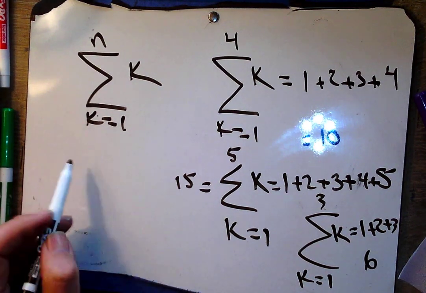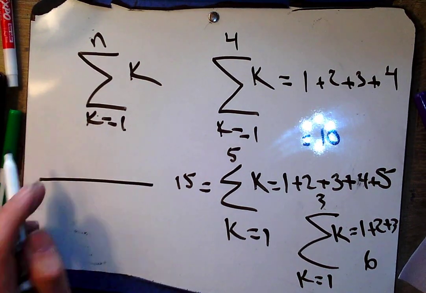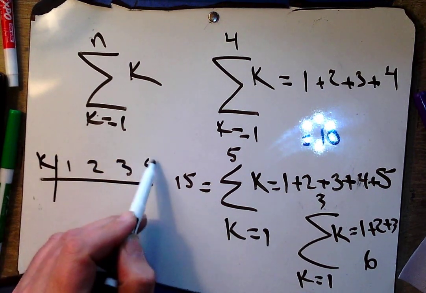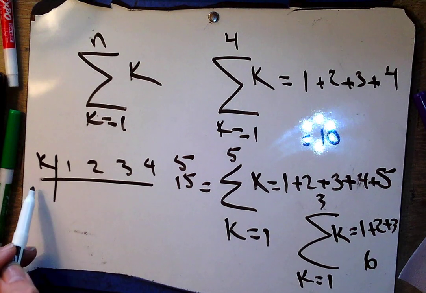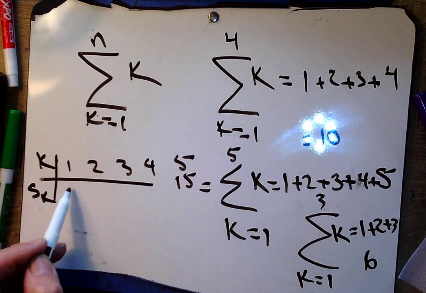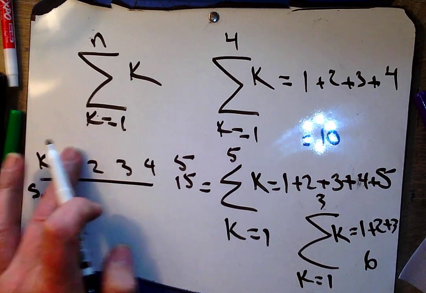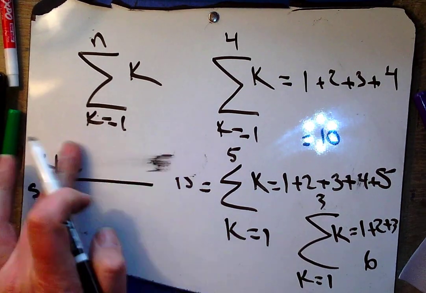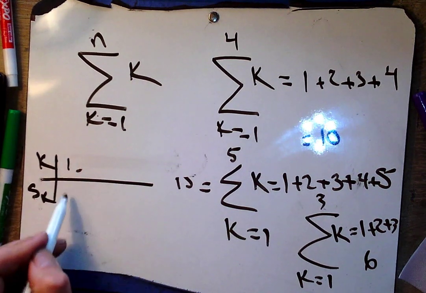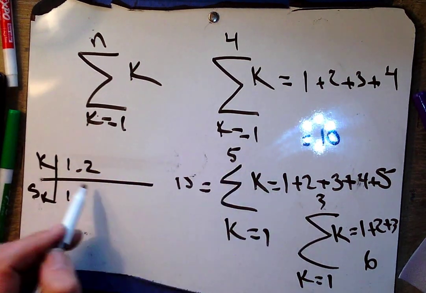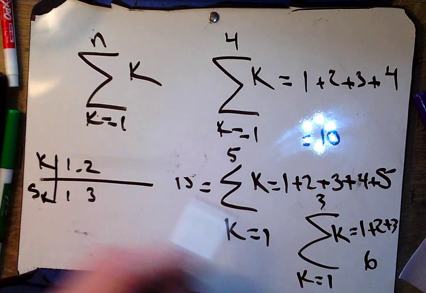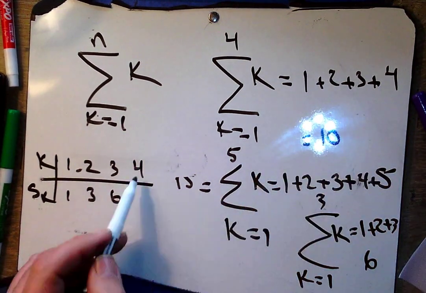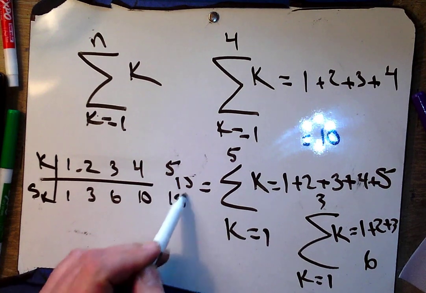So I'm seeing something very interesting. If I stop at 2, I'd have 2 plus 1, or 3. And 3 gave us 6, 4 gave us 10, and 5 gave us 15.